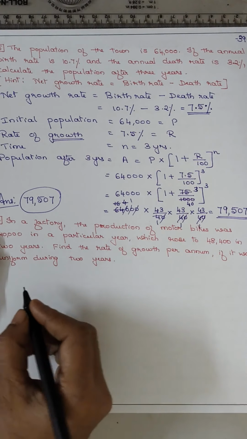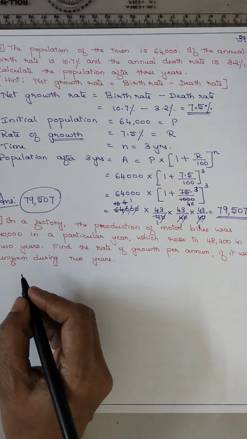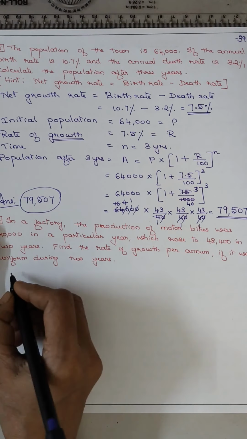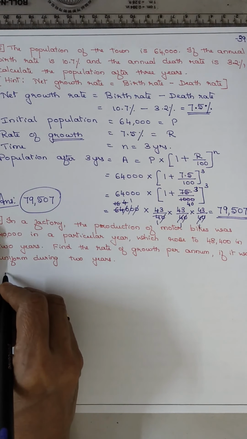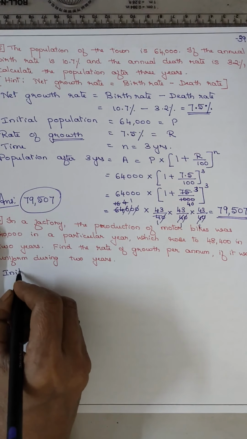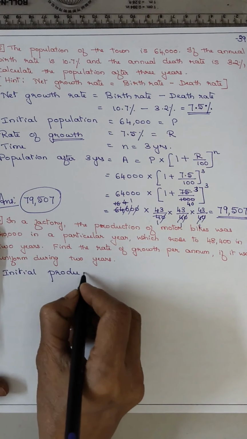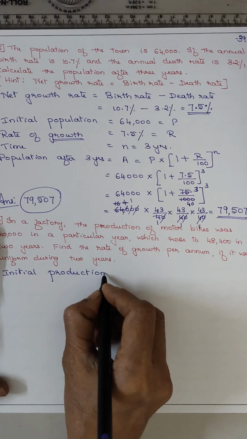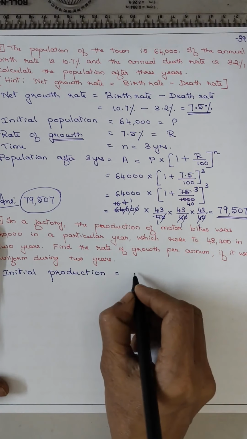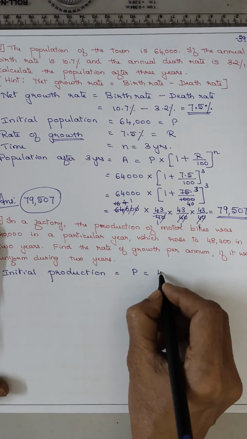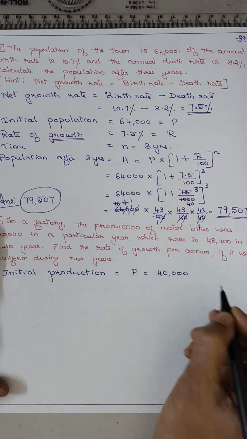So the initial production, that will be P, is equal to 40,000.